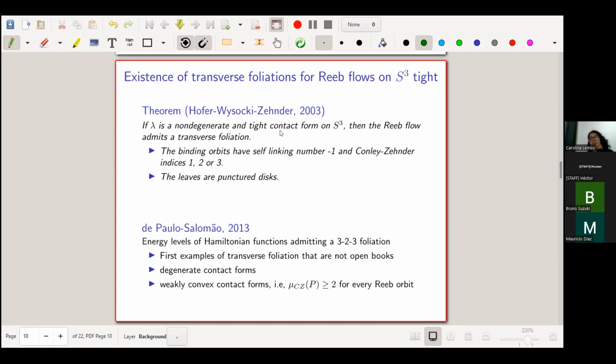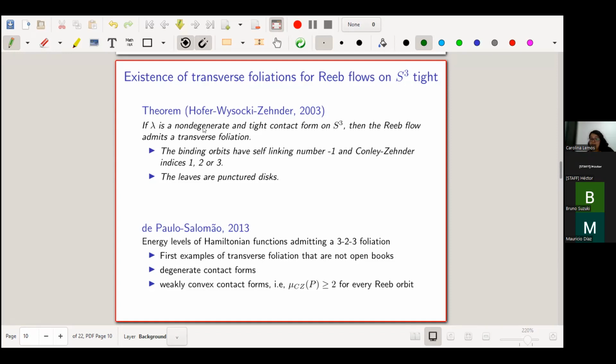But what I want to talk about here is still on S3. The other question is, given a Hamiltonian flow that you define in some application, how do we know what kind of transverse foliation it admits?